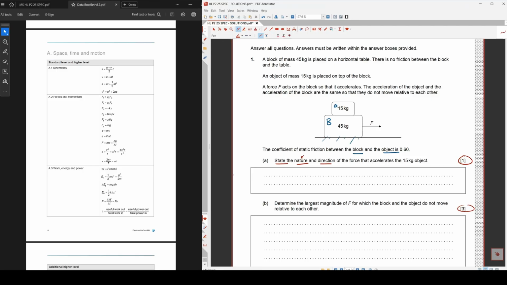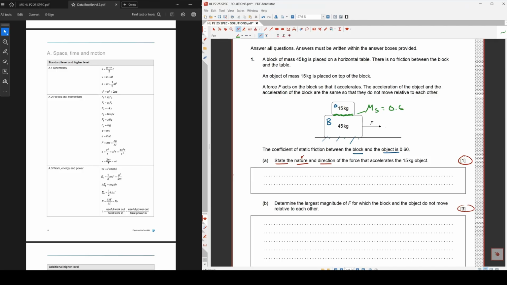Why is the 15 kilogram object being pushed or pulled? Well, picture what's going on. If you pull on this block down here, why does this come along with it? Because of friction, right? There is friction between the block and the object, as they say, with the coefficient of static friction 0.6.